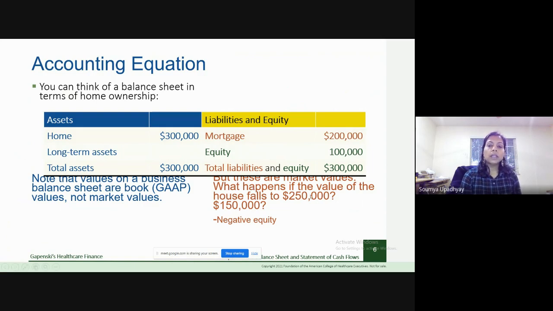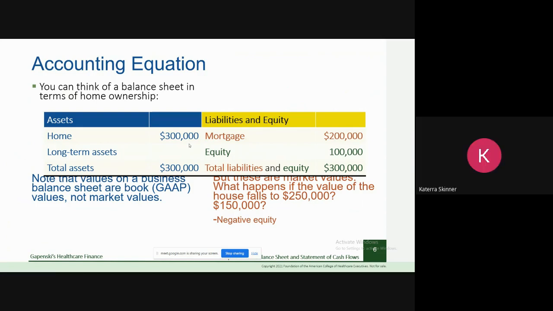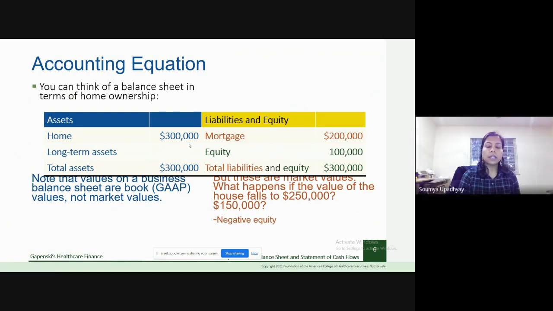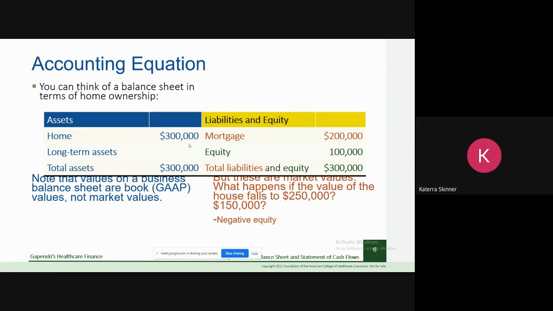What if the value of the house falls to 150,000? If it's 150,000 and your mortgage is still 200,000, would it be negative?